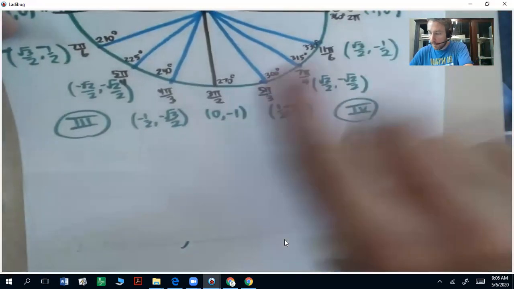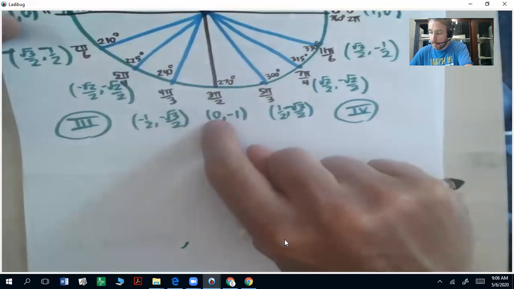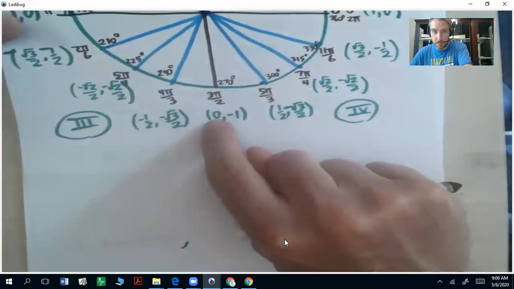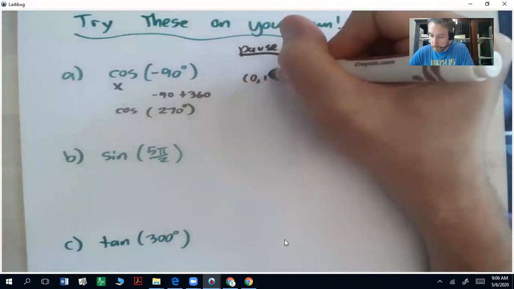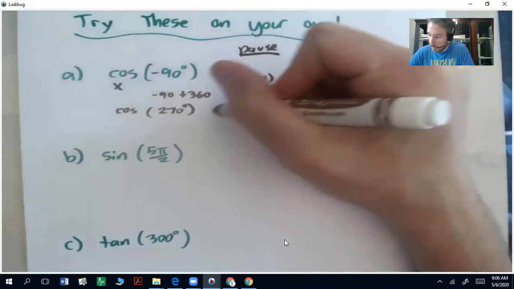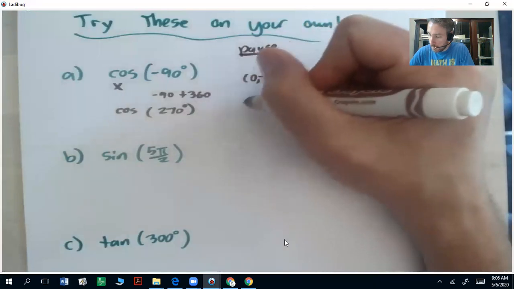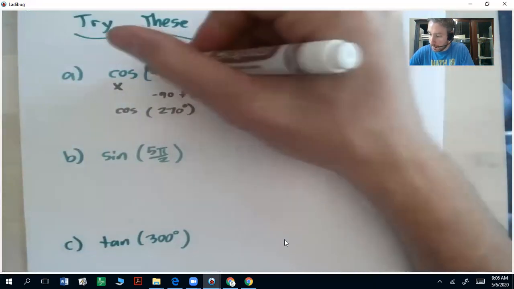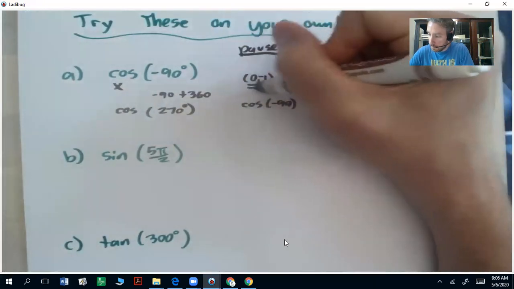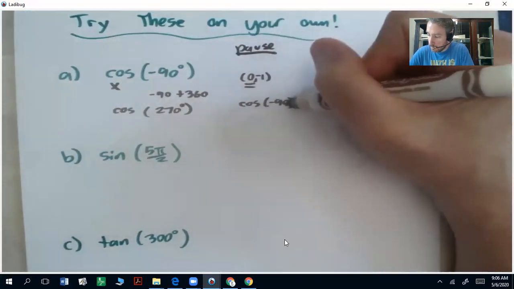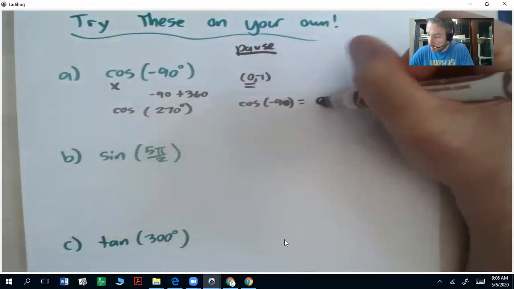So let's look at 270. 270 degrees, x value is 0. So the cosine of 270 is 0. So the cosine of negative 90 is also 0.